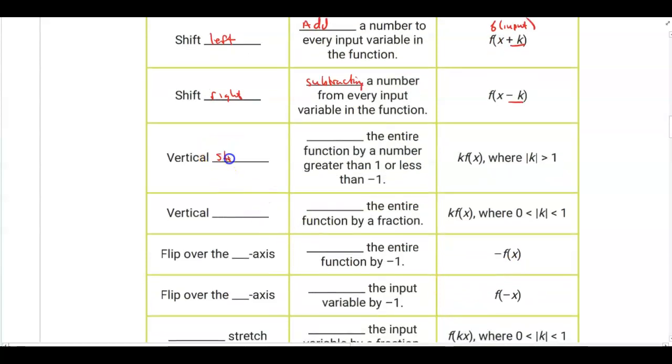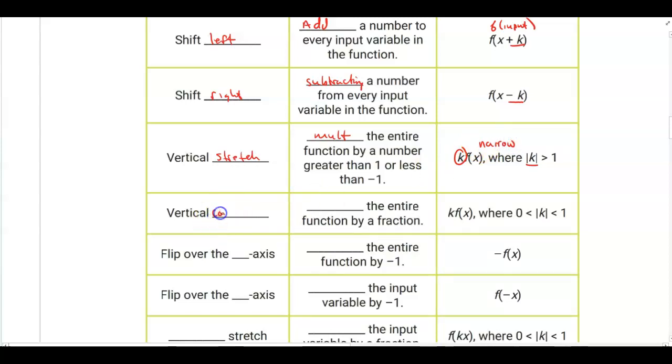When we have a vertical stretch, you are multiplying the entire function by a number greater than 1 or less than -1, meaning basically the absolute value. So if this number is a whole number or greater than 1, what that means is this is going to get more narrow.